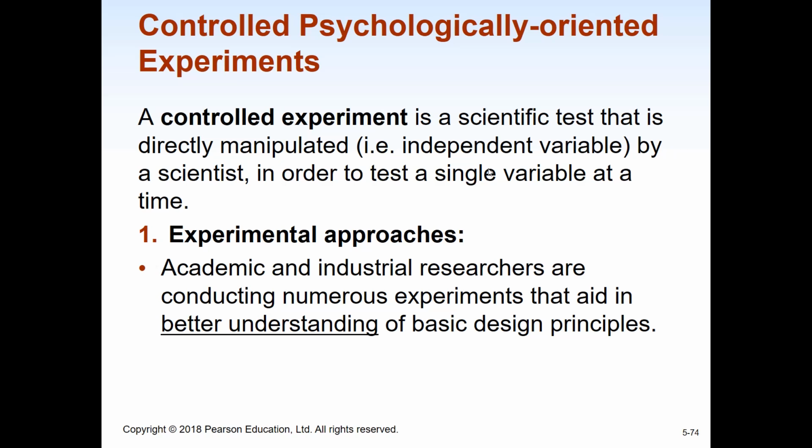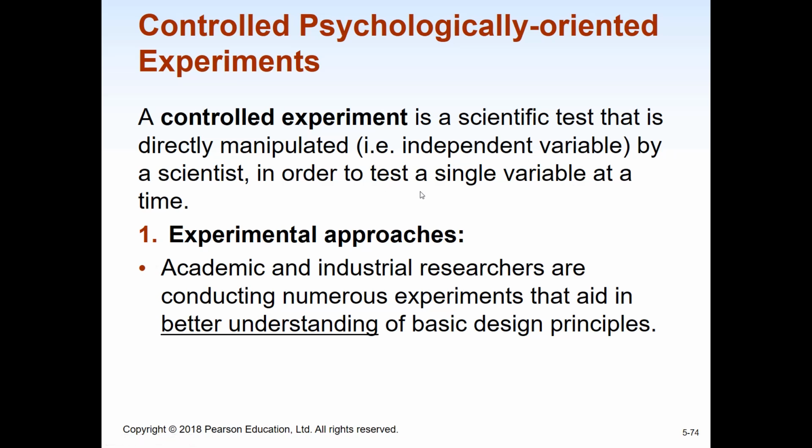And on the other side, what we are going to test is another variable called the dependent variable, or sometimes DV. It is going to be changed according to the change of the independent variable.